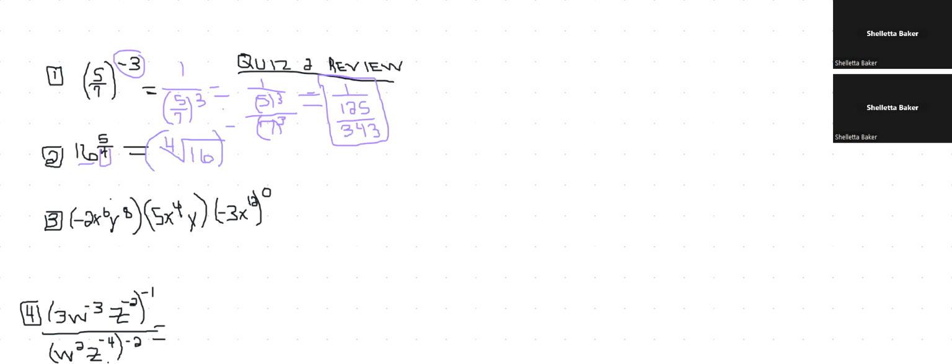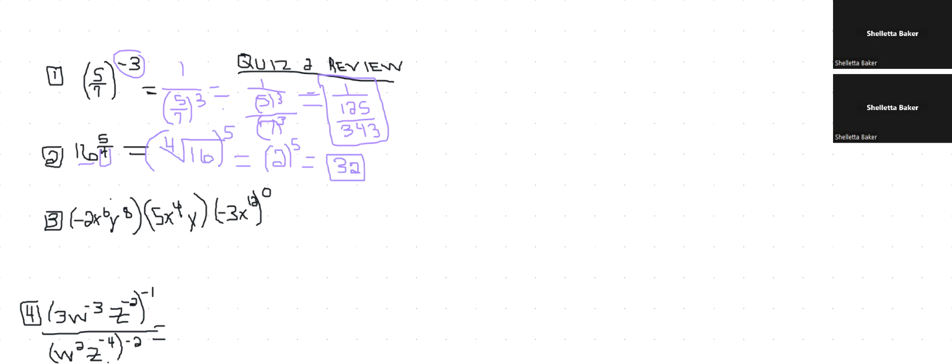That 5 comes from our numerator. Now this can be simplified further. You first want to calculate the 4th root of 16, and that'll give us 2. And then we take 2 and raise it to the power of 5. So 2 to the 5th power would give us our answer, which is 32.